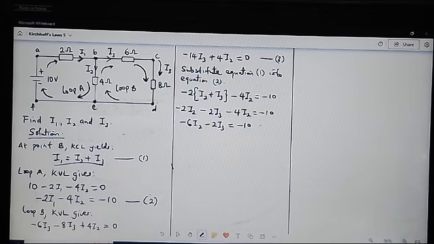We can call this equation 4. So we can now solve equations 3 and 4 simultaneously.